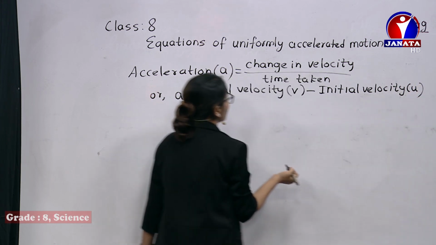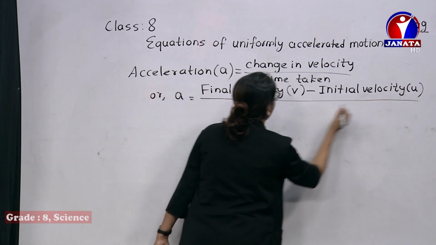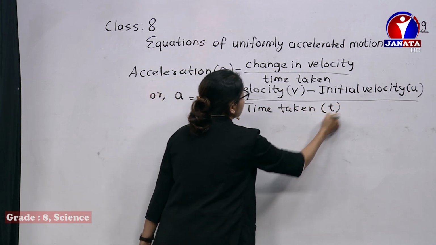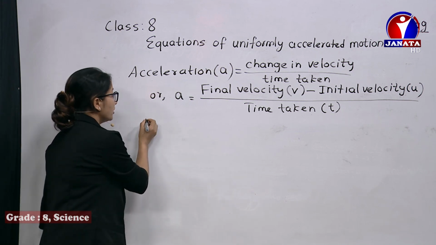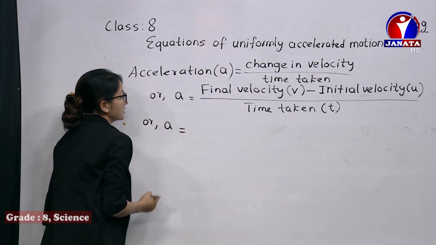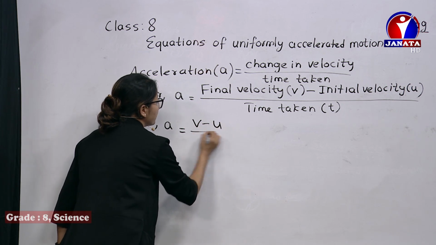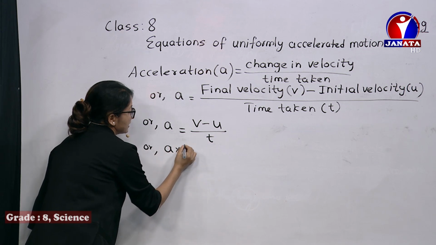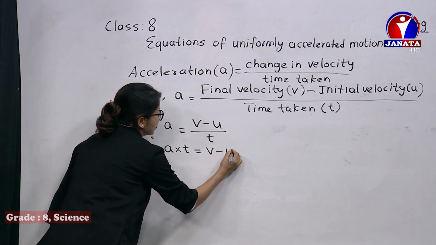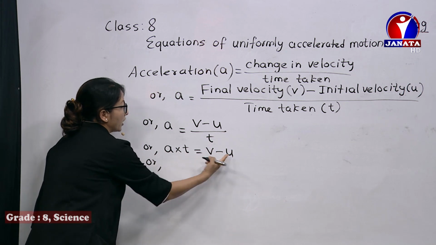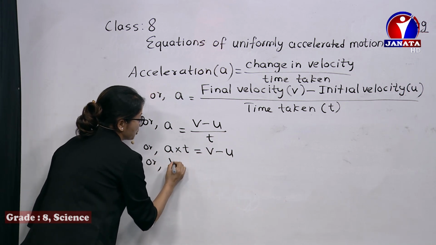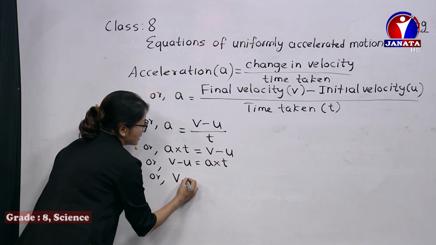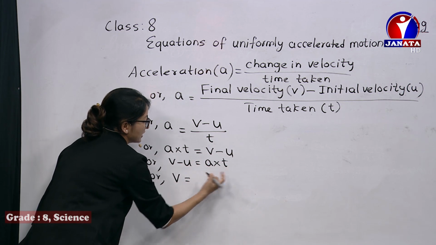Then time taken is as it is, time taken, which we denoted as T, as we assumed before. To make it short, I'll just write the symbol: A is equal to V minus U by T. Or if you multiply A times T, it is AT equals V minus U. Now if V is here, then U goes to the other side, it's negative, and becomes plus.